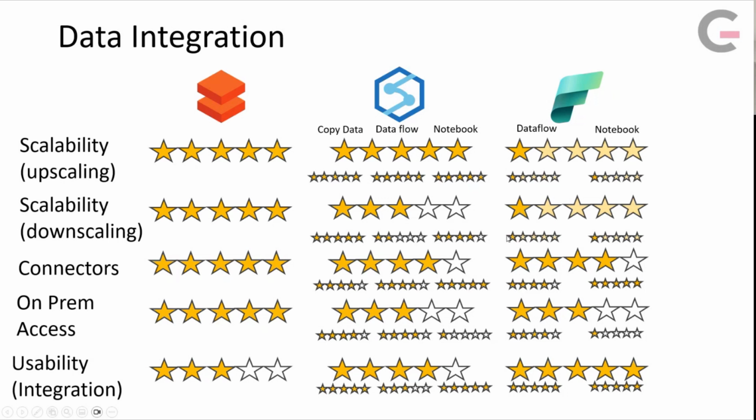It's only getting 1 star for data flows and for notebooks. But if this should work at any time, so that you can choose the correct cluster sizes and the SKUs you want to use for each data flow and each notebook, it will get directly 5 stars, because then it can scale up and down.